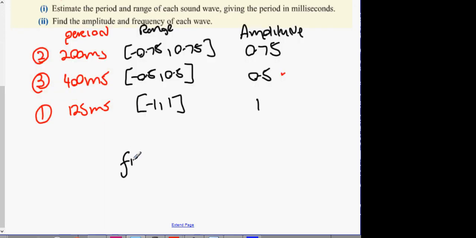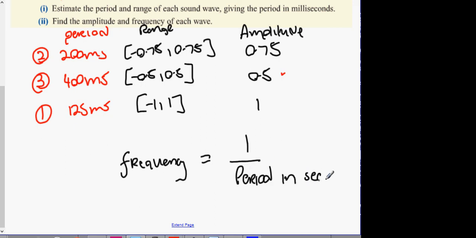Frequency has 2 definitions, okay? Frequency is equal to 1 divided by the period, and the period has to be in seconds. So we can divide 1 by each period in seconds.